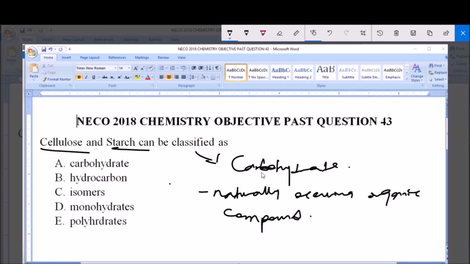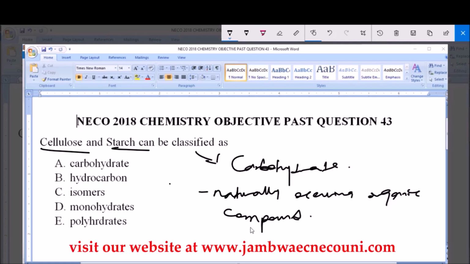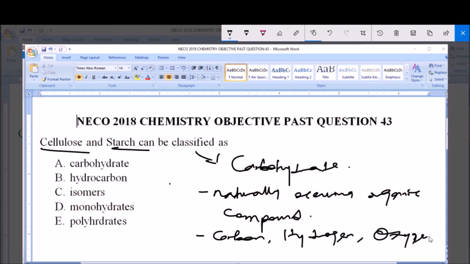And like you know, carbohydrates are also naturally occurring organic compounds containing carbon, hydrogen, and oxygen. These are the components of carbohydrates, with the hydrogen and oxygen present in the ratio of 2:1. That is, the hydrogen and oxygen are present in the ratio of 2:1.